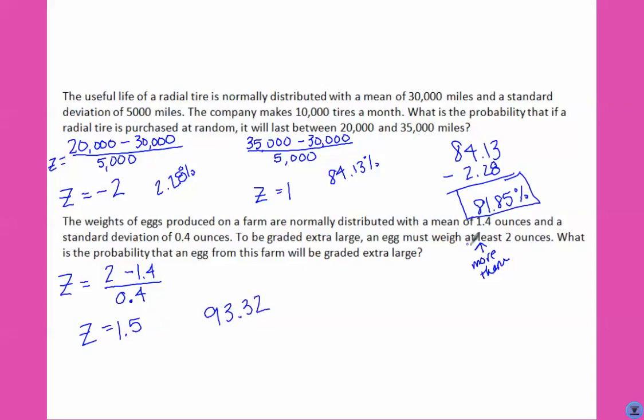But since we want it more than 2 ounces, this is how much is below. So there's only a 6.68% chance that an egg from this farm is going to be extra large, so he should probably just stick to regular sized eggs.